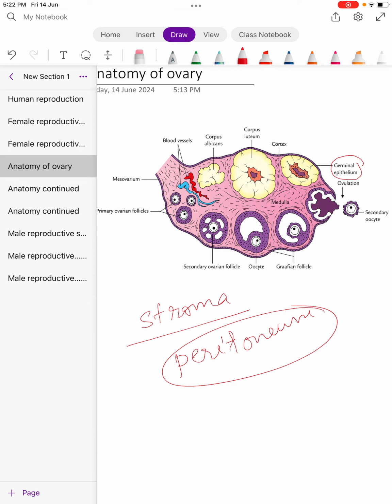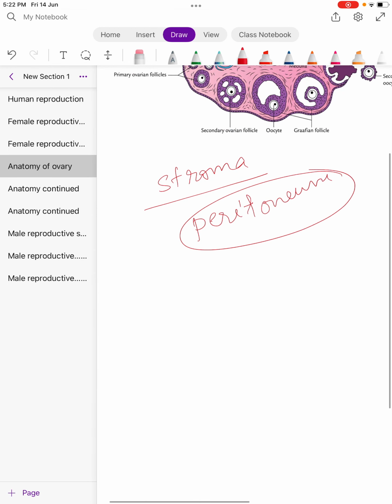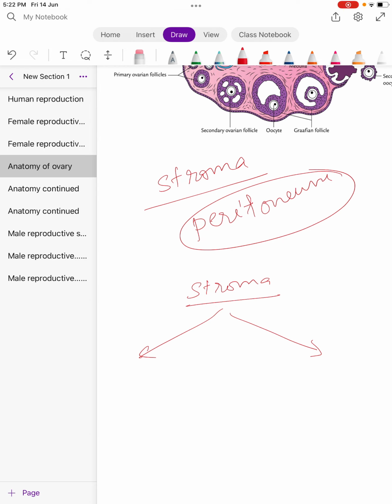Then the stroma is further divided into two parts. Here we can write stroma. The first is the cortex, and the second is the medulla. Both of these have different functions.